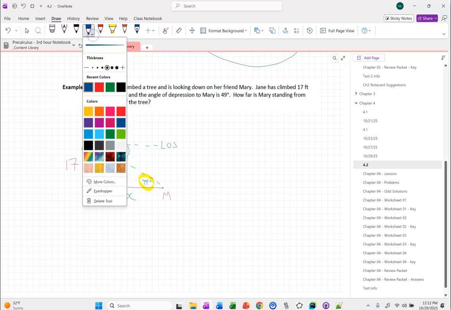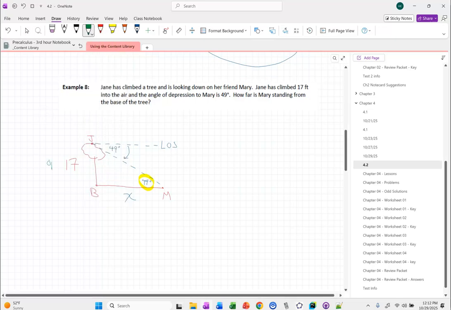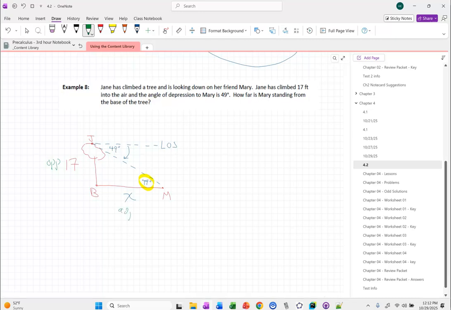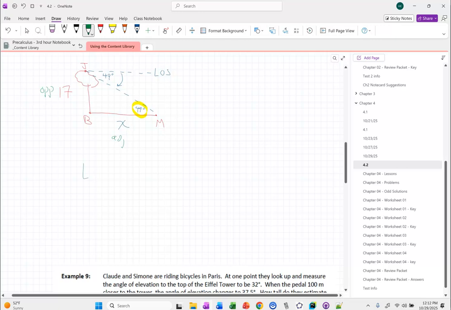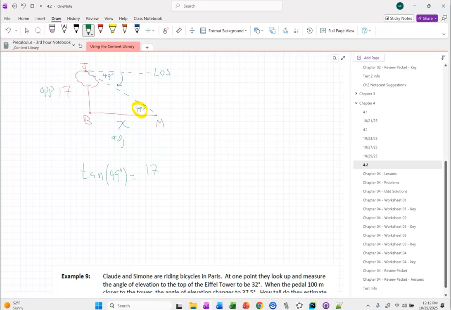Opposite and adjacent. Which trig function should we be using? Tangent. So we can say tan 49 is equal to opposite over adjacent.